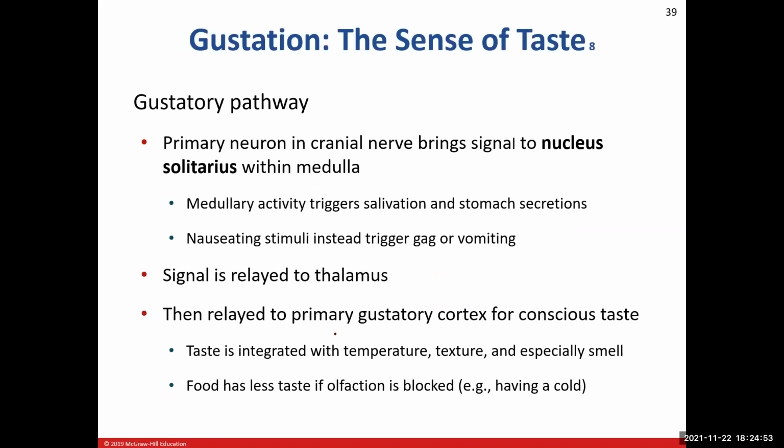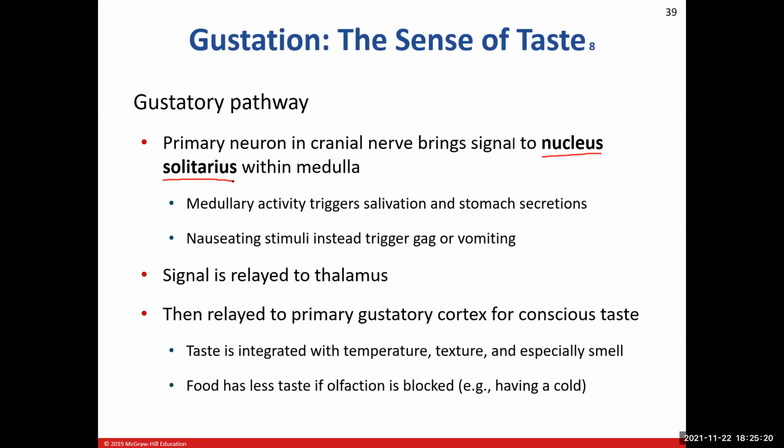And that's how we look at that. So here's how we do it. Okay, quick review. Our primary neurons, which are going to be the sensory neurons of cranial nerve 7 and cranial nerve 9, are going to send that sensory information back to the medulla oblongata, specifically to the nucleus solitarius.